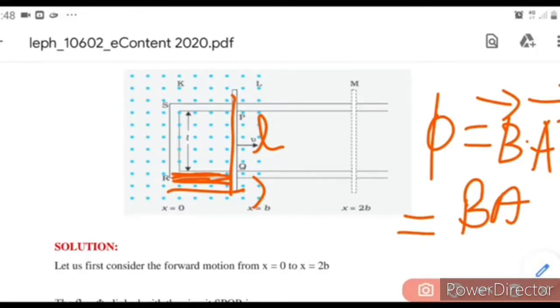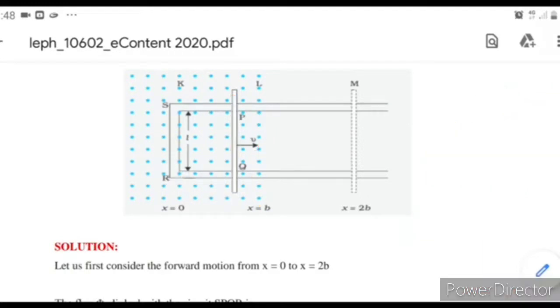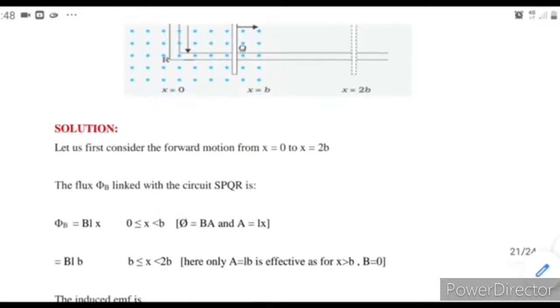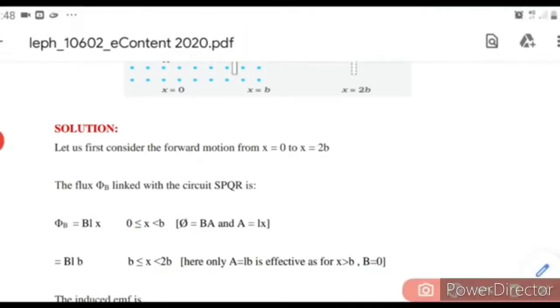Hence the expression for magnetic flux when the conductor is moved from x equal to 0 to x equal to b is BLx. That's what is given here: BLx, when x is between 0 and b.